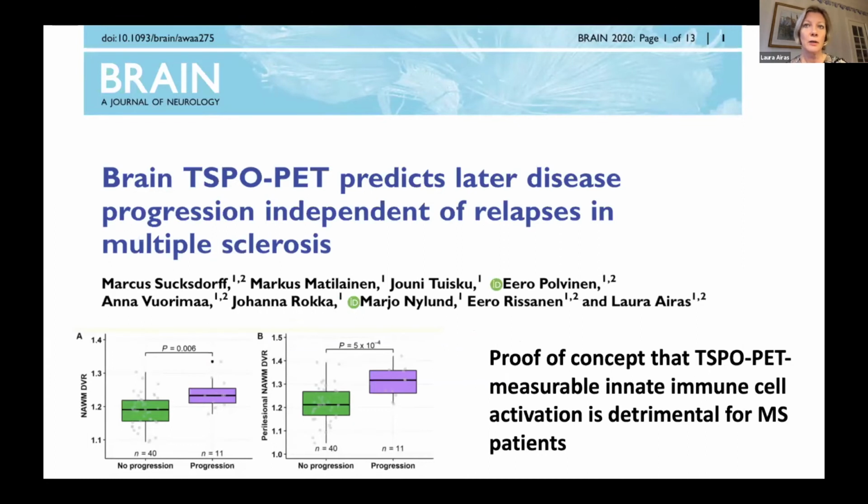And here, this is from our most recent publication from a few weeks ago, which really gives proof of concept that TSPO PET measurable innate immune cell activation is detrimental for MS patients, as those patients with more microglial activation progressed more rapidly during the following 4 years.